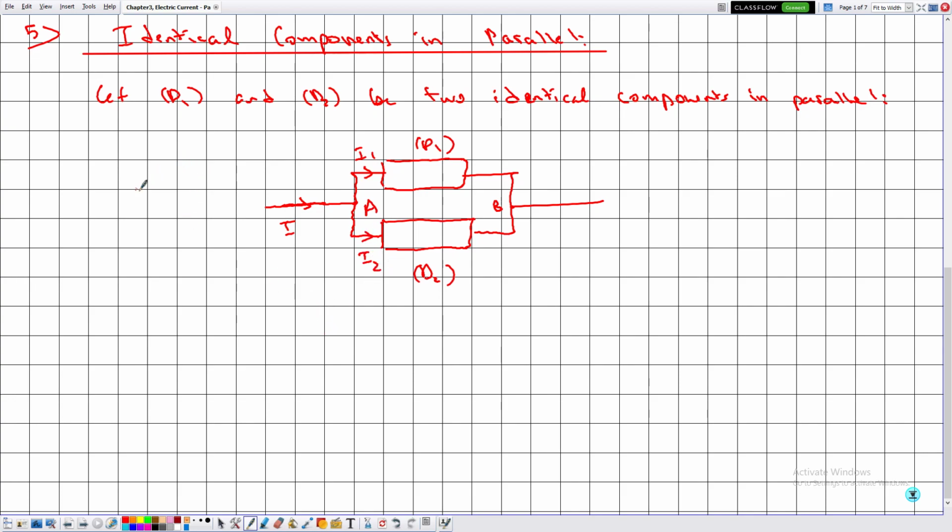So in this case we know that I is equal to I1 plus I2 according to the law of addition of currents. But moreover, because the two components D1 and D2 are identical, then they are traversed by the same current.